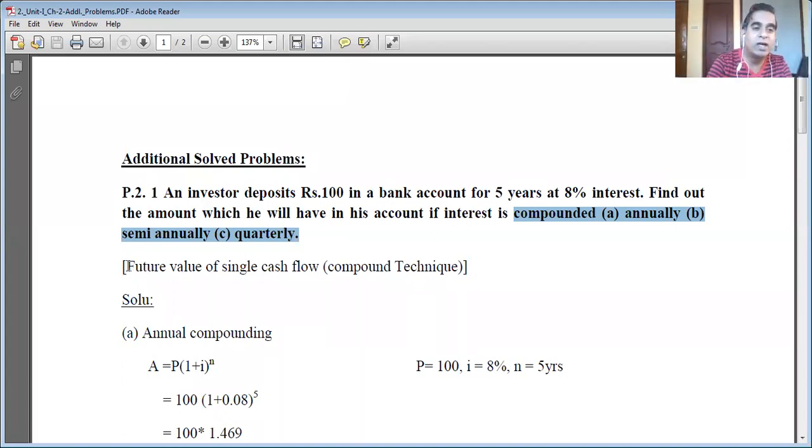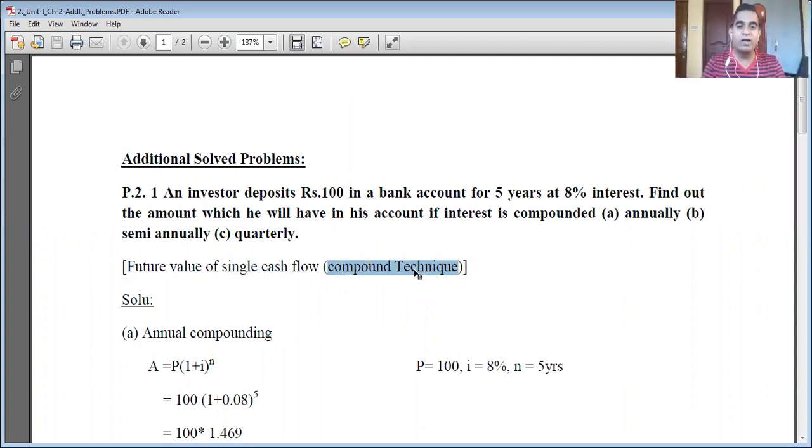Now we know that this problem is about future value, and there is only one sum, 100 rupees, no other details. So we call it single cash flow. This problem is about finding future value of a single cash flow. Hence, we need to use compounding technique.